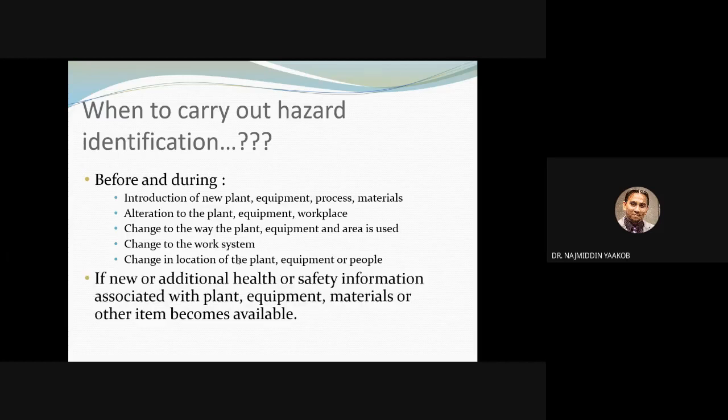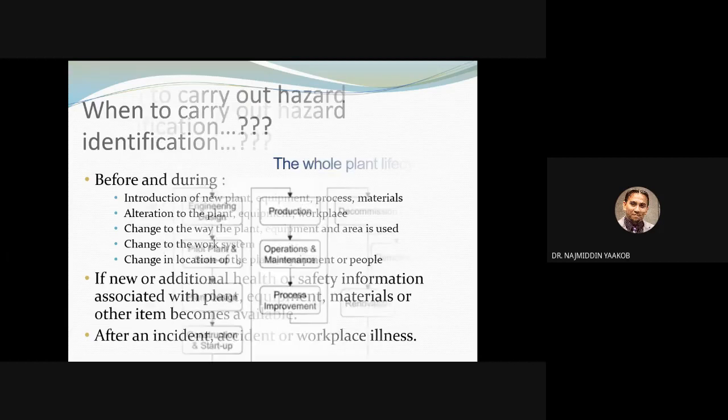Or if there is new additional health and safety information associated with the plant, you need to identify the hazard as well using the updated information you just received. After an incident or accident, or workplace illness, you also need to identify the hazard.